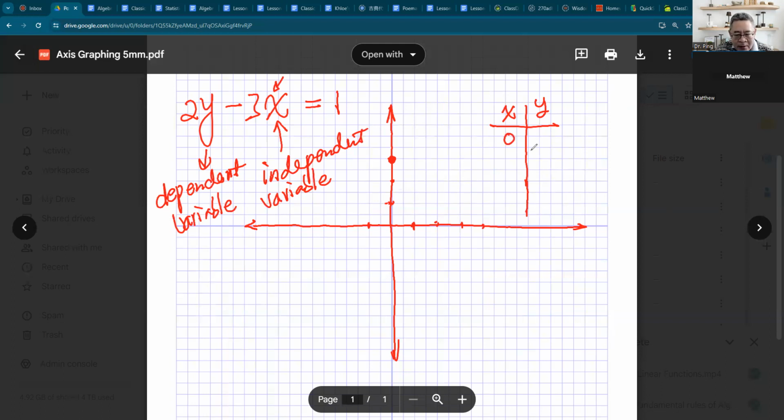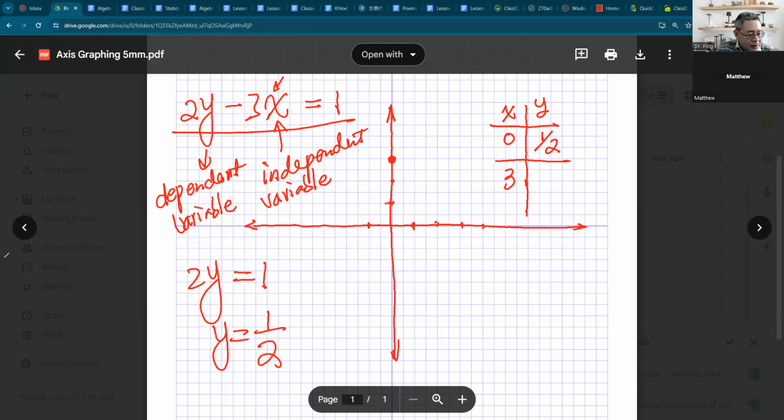So x is the independent variable, so we can pick any number. So if x is 0, then this becomes 2y equals 1, then y is half. Now, if x is 3, what happens?